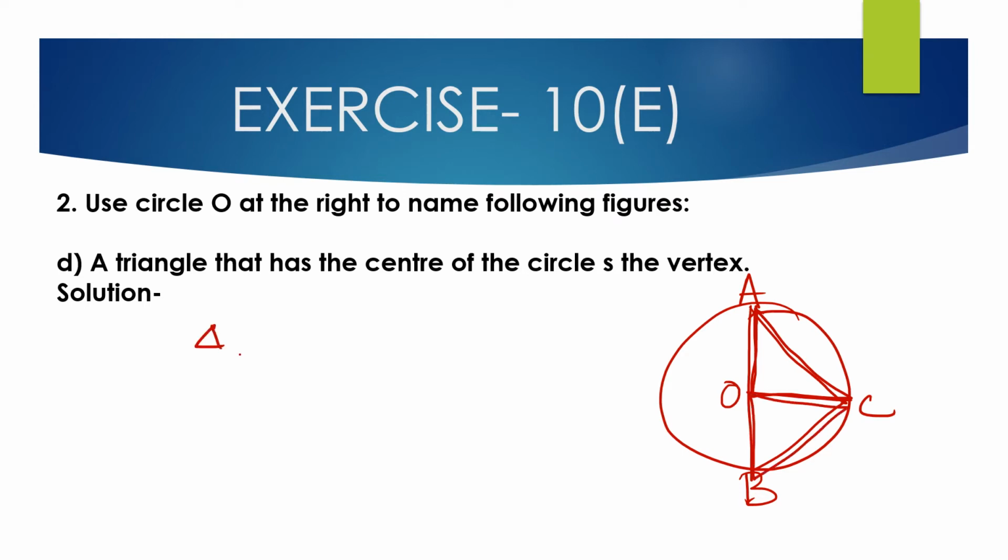So triangle AOC and triangle BOC are the two triangles in this figure.